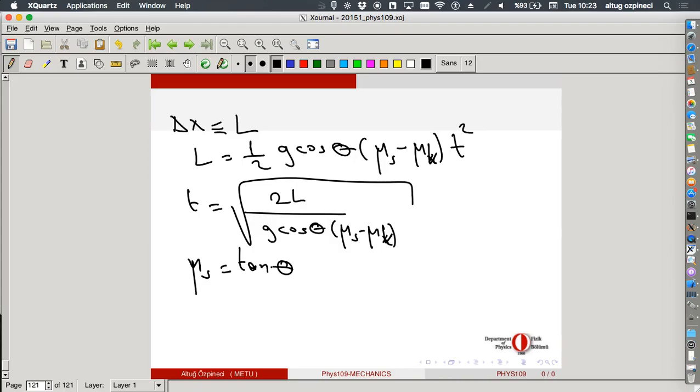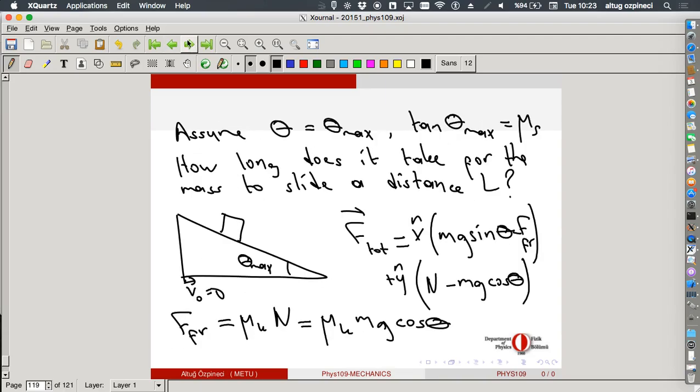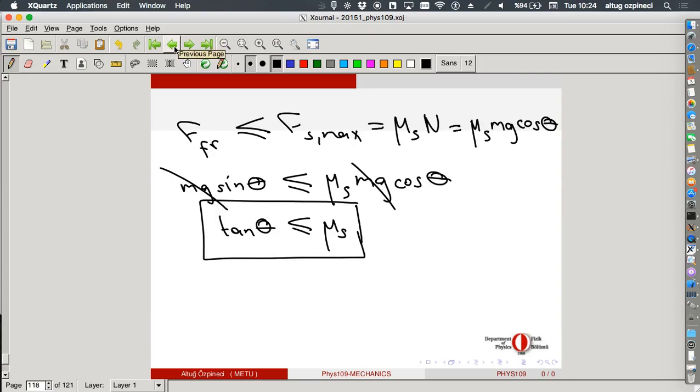If tangent theta is smaller than mu s, then it will not start sliding. You see, we determine this theta, because this theta is equal to theta max. So this is the value at which my object starts to slide. Now if theta is less than theta max, then there won't be any sliding.